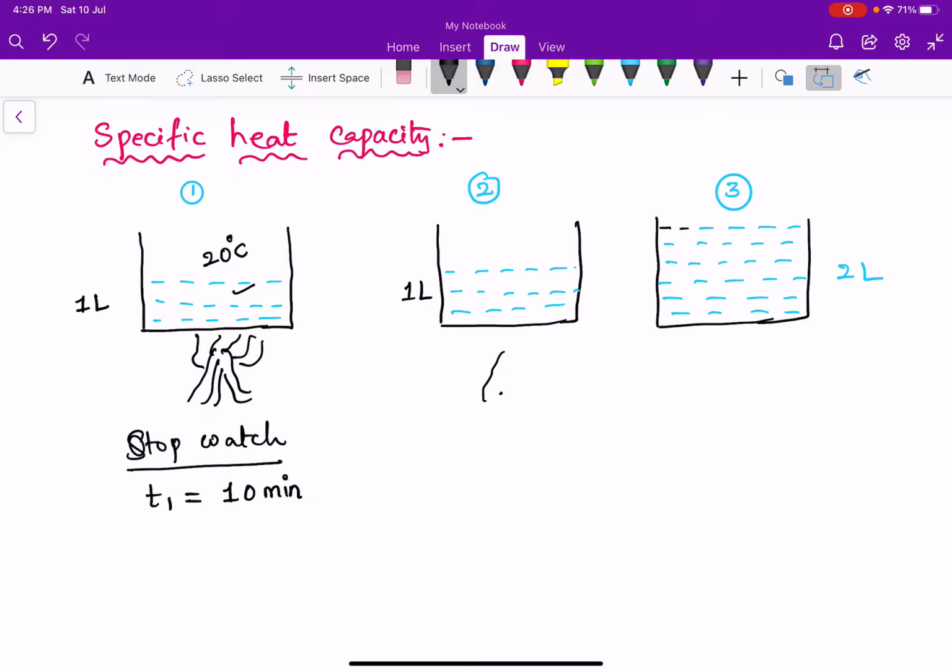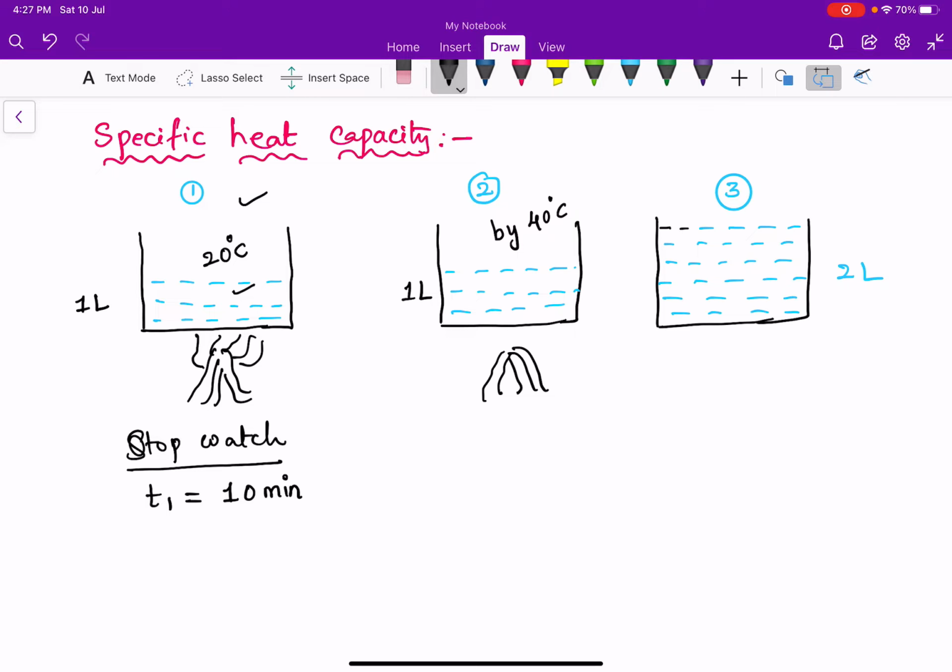And in the second case, the same amount of water is taken, 1 liter of water, but here I keep on supplying heat energy, that is, heat is being supplied to the water by the same source as in the first vessel, but in this case the temperature of water is raised by 40 degrees Celsius.